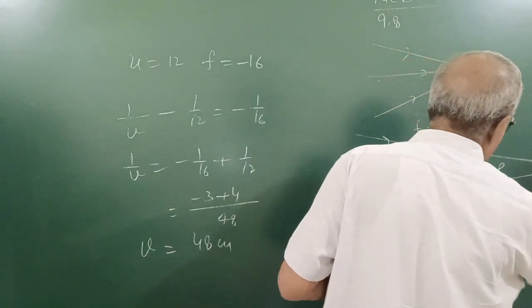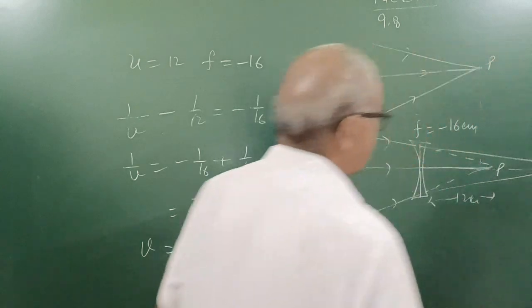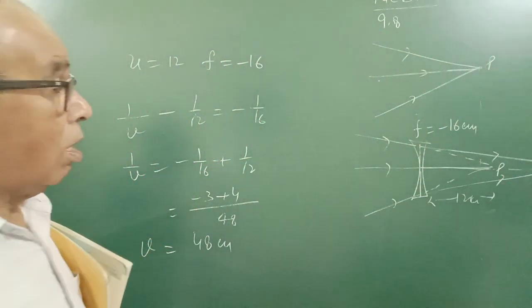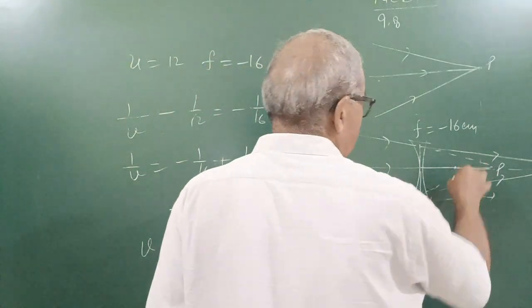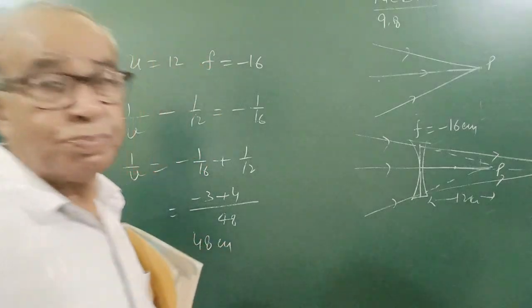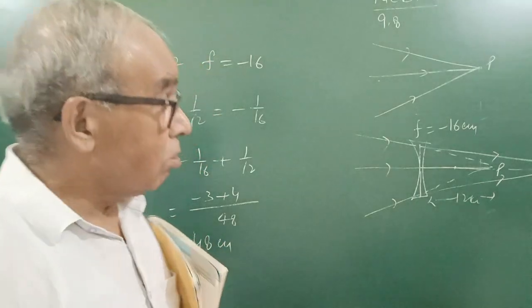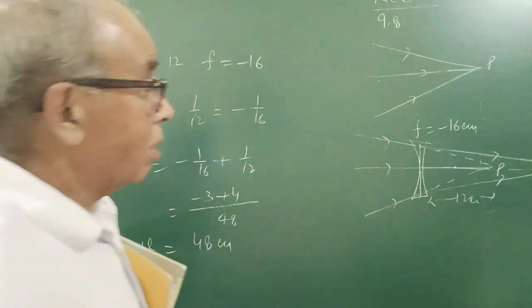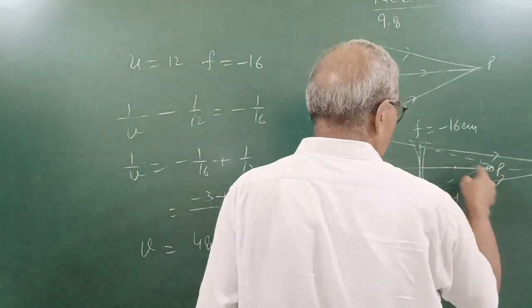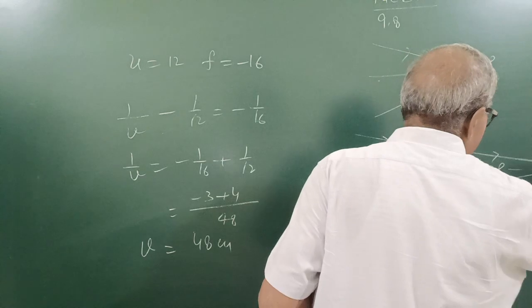Because it is converging, it becomes a less converging line, so the beam will converge. If point P had been closer here, it might have appeared to diverge also. Here actually the image of the virtual object is formed as a real image.